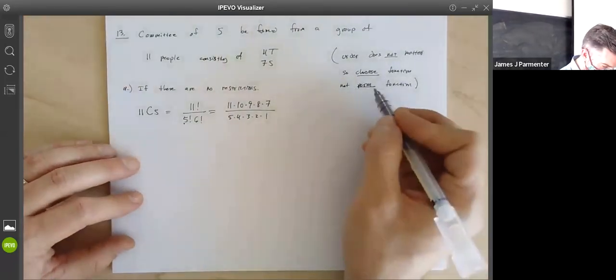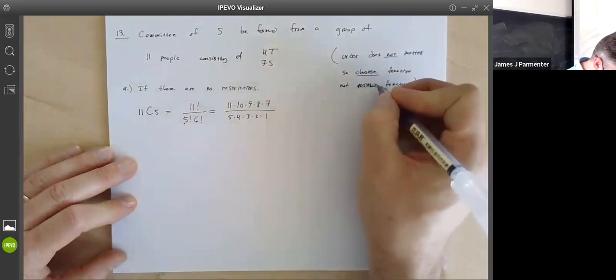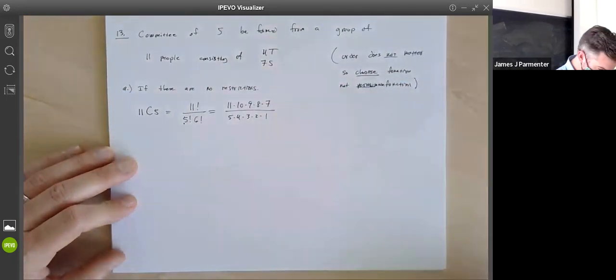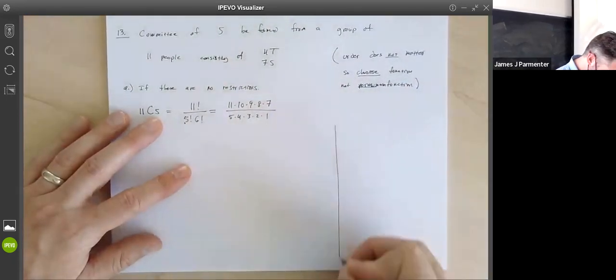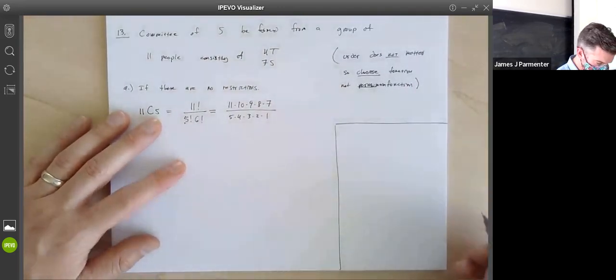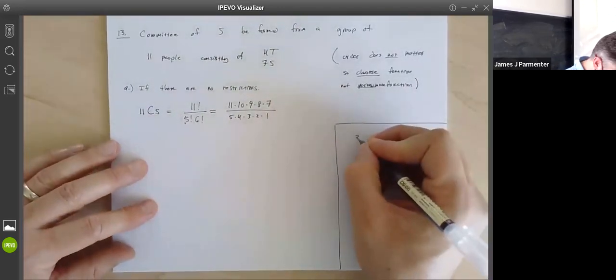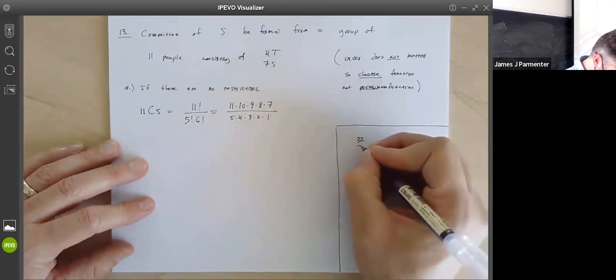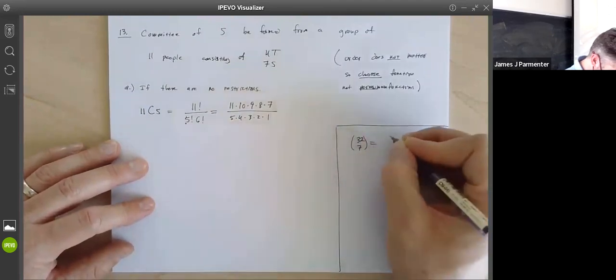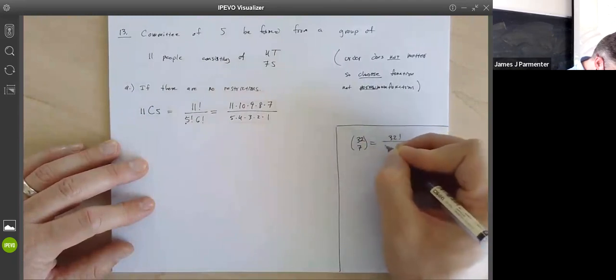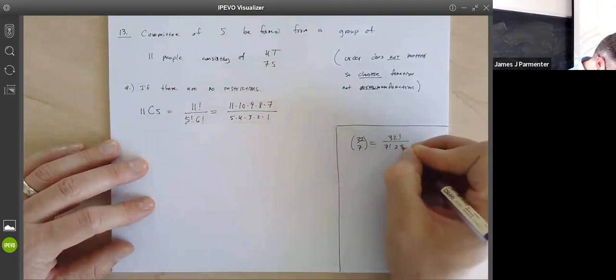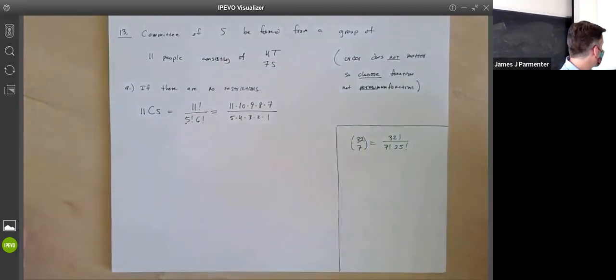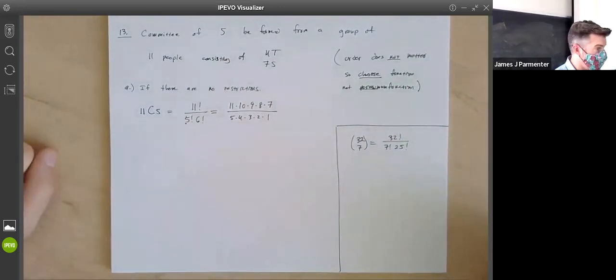So just as a quick aside, this is not perm or permutation function. So for example, if I was trying to simplify 32 choose 7, which is 32 factorial over 7 factorial times 25 factorial, I'm definitely canceling the 25 factorial part.